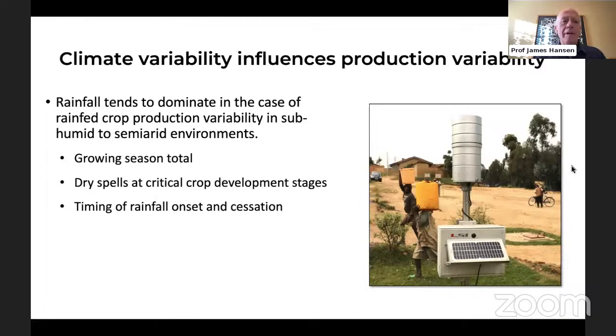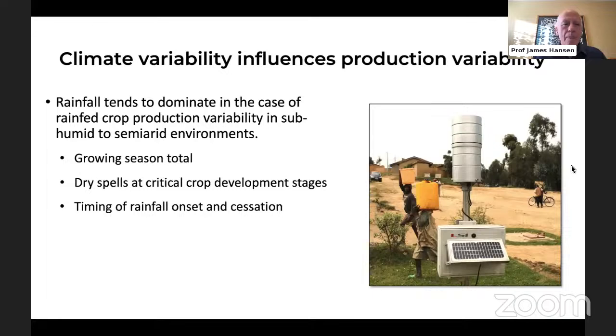So climate variability, we talked about that a little bit. Rainfall, temperature, length of the rain-fed growing season, these can vary considerably from year to year. And this can affect the variability in crop productivity, livestock productivity, rangeland conditions.